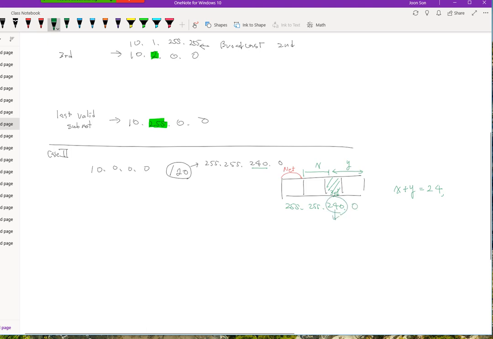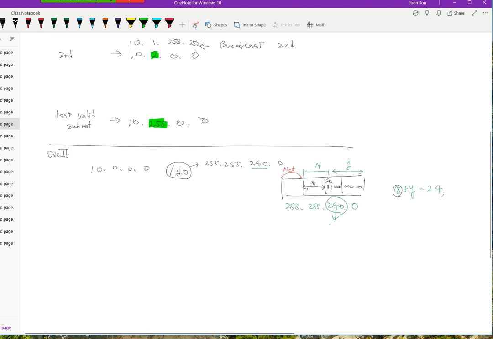So what is my x? For the 240, we know that this is 1, 1, 1, 1, 0, 0, 0, 0, right? So what is my x? Any volunteer? Say 12? Yes, because this one is 8, and then we use a 4.